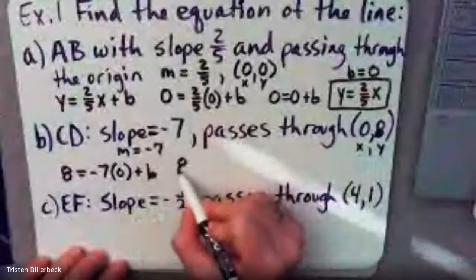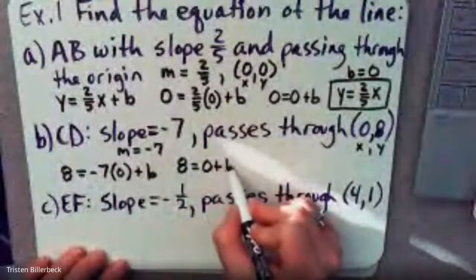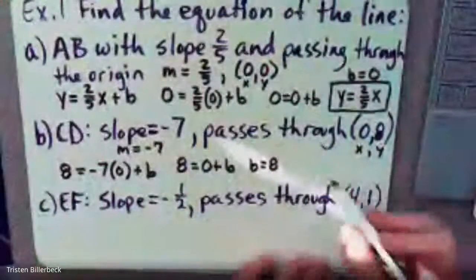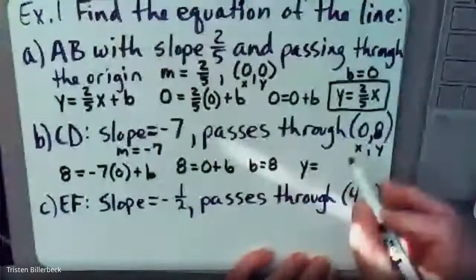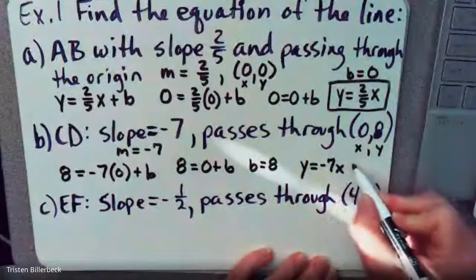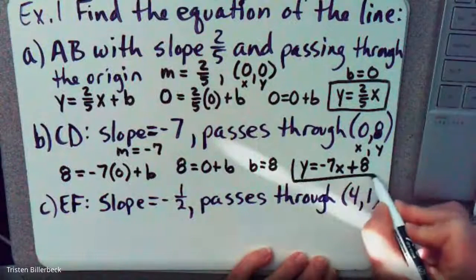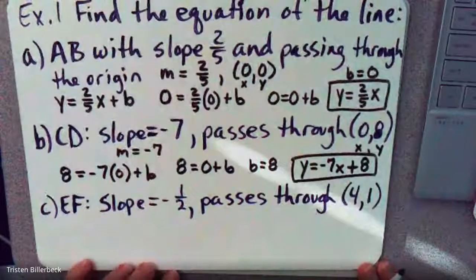So that becomes 8 equals, and -7 times 0 is 0 plus b, so b equals 8. Now we can write the equation in slope-intercept, y equals -7x plus 8. And there we have it.